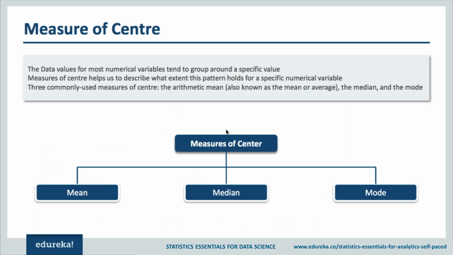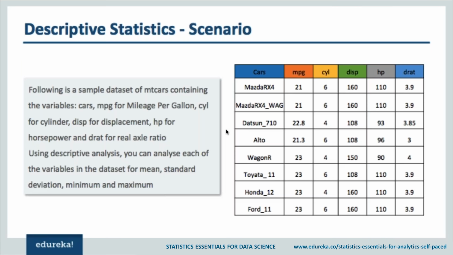In order to do that, we have a few measures of the center, or you can say central tendency. Those measures are nothing but the mean, median, and mode. When you talk about the mean, it will give you the basic central tendency about the whole group. Let's say the average marks scored by each and every student in school A is 90%.